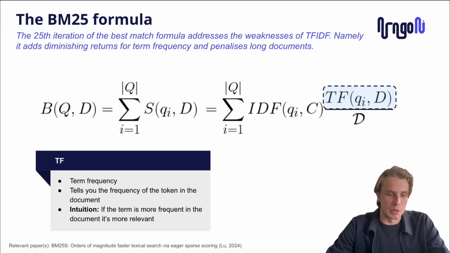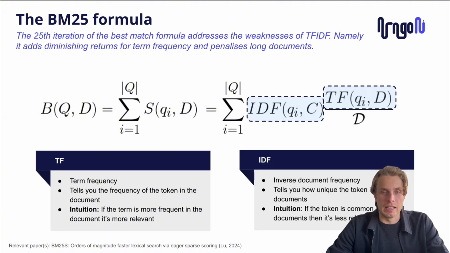This stands for term frequency, and it tells you the frequency of the token in the document. Your intuition here is that if a document is going to be more relevant, so that means we should assign a higher score, then it should have the keyword that we're looking for, the token, as more frequent in that document. Inverse document frequency is the IDF part, and that tells you the uniqueness of that token across all of the documents.